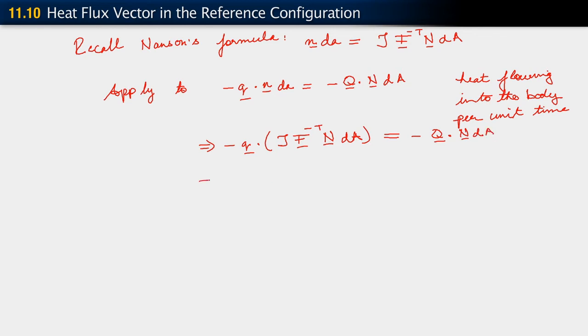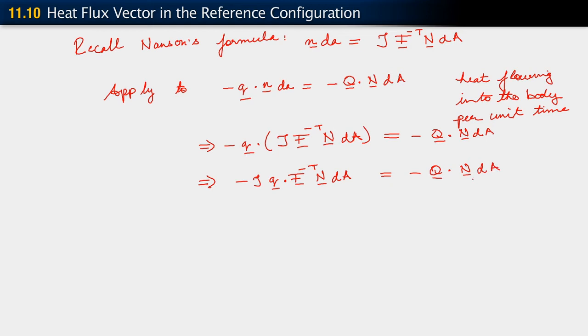And then by observation, we note that we must have, well, okay, let me do just a little more work on this. I'm going to write this as minus J q dotted with F inverse transpose N dA equals minus capital Q dot N dA. Okay?